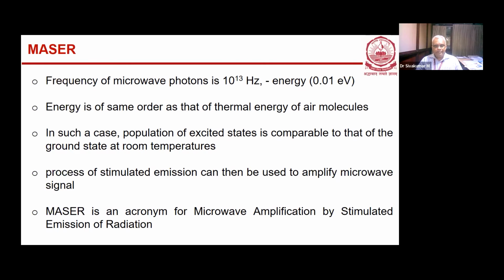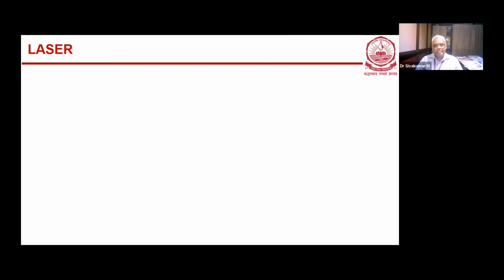So that means the population of the excited states is comparable to that of the ground state at room temperature. Okay, so this is what happens in the case of the maser. They are very clear about the process. The mechanism is very clear. We know what stimulated emission is, and in the microwave region we are able to amplify that.